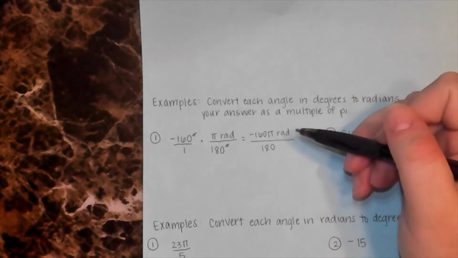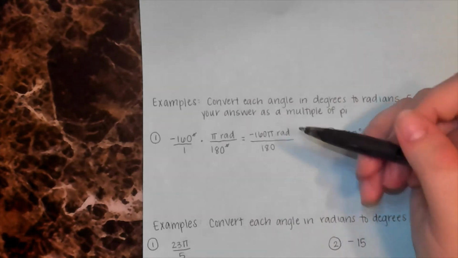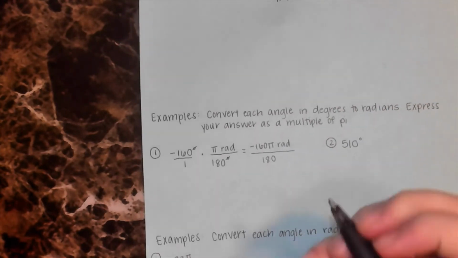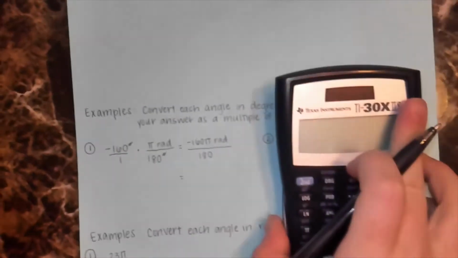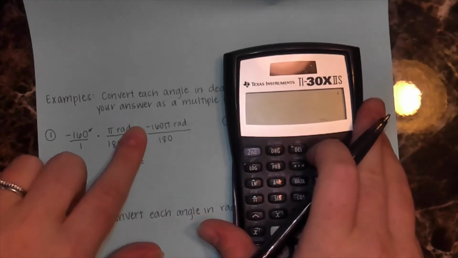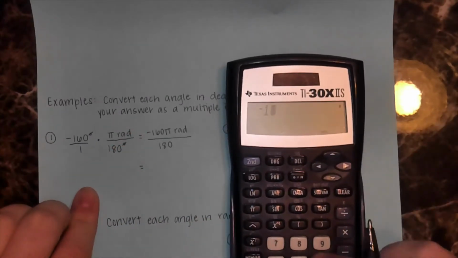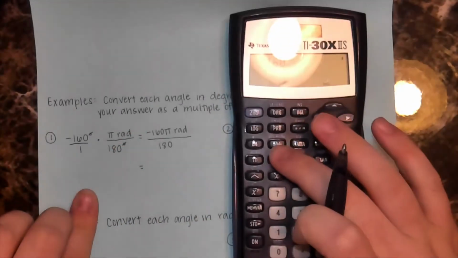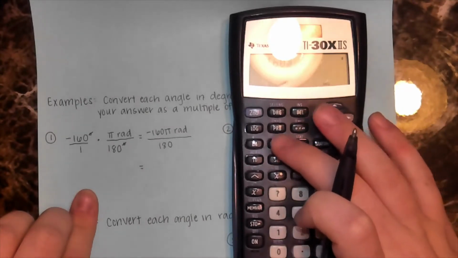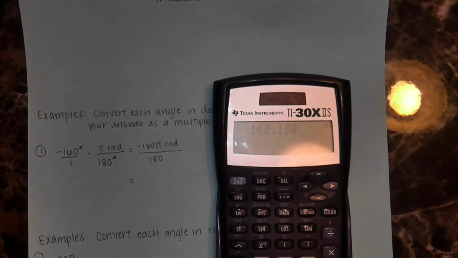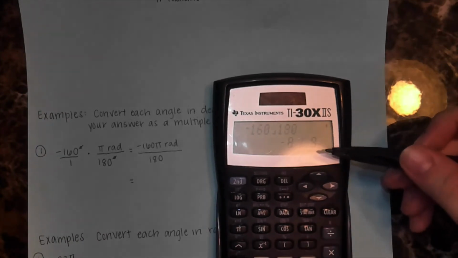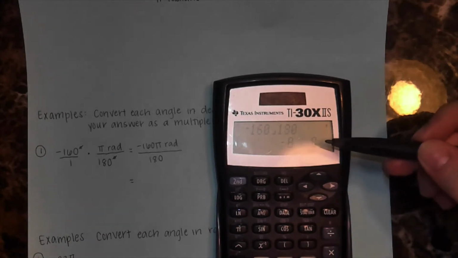You could do that simplification in your head or on your own, or you could use your calculator and it actually simplifies fractions for you. So if we type in negative 160, and then we use our fraction button over 180, it's going to simplify that for us to negative 8 over 9.